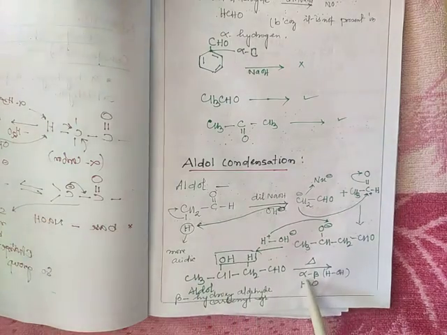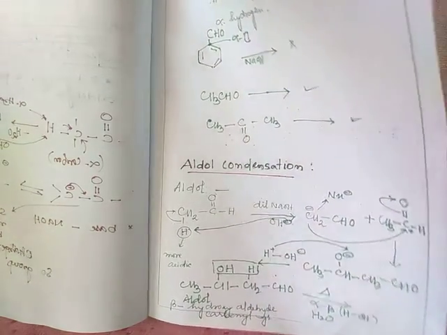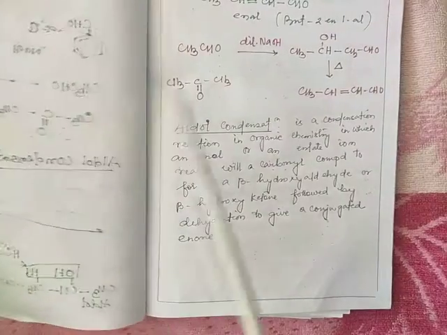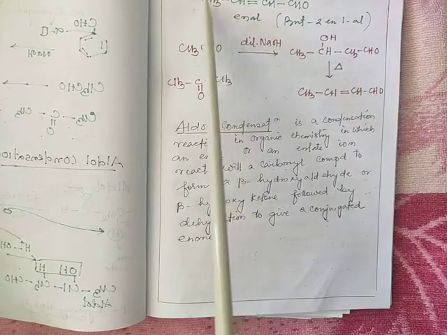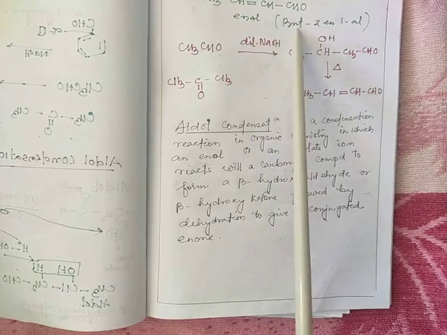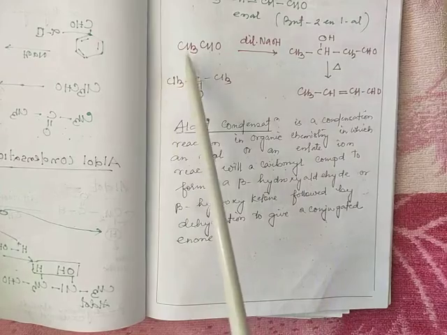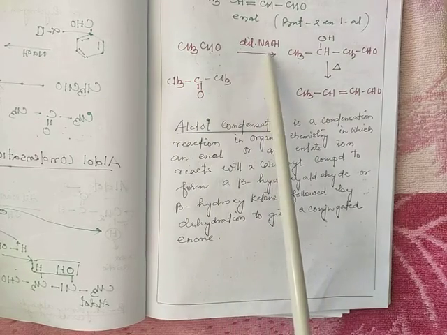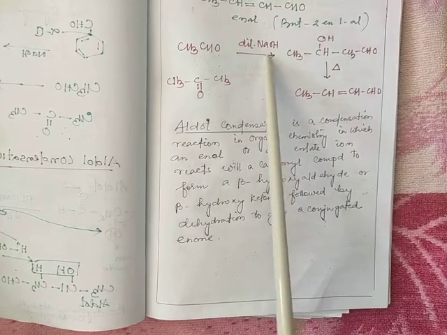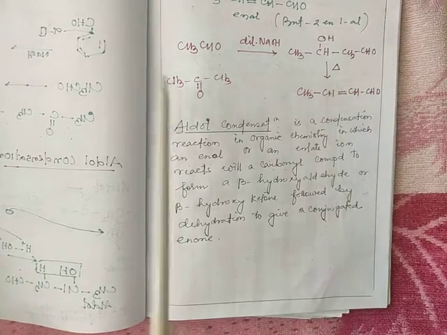Now in this aldol product, when we give heat, water is eliminated and we get the enal, that is CH3 CH=CH CHO. Acetaldehyde in dilute basic medium gives this product, then on heating we get this.